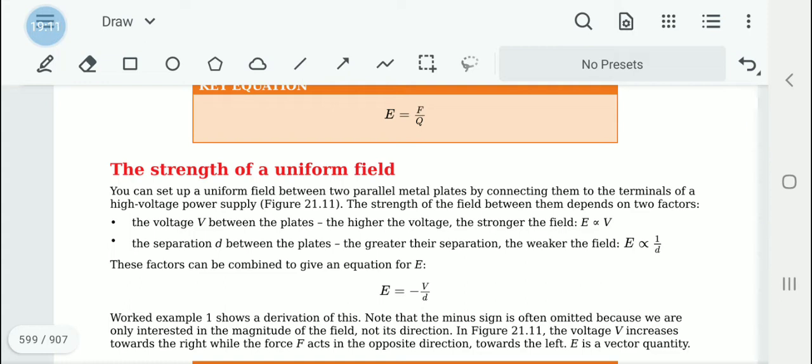Number two, the separation d between the plates. Put a dash and write. Greater the separation, weaker is the field. So then E is proportional to 1 upon d.